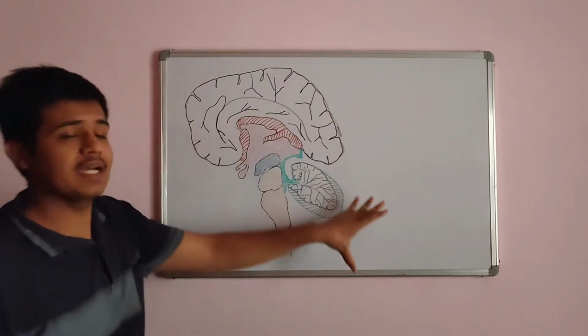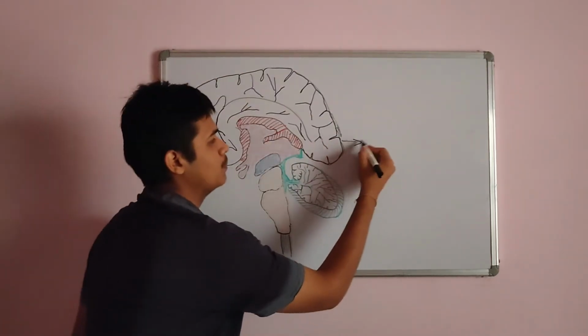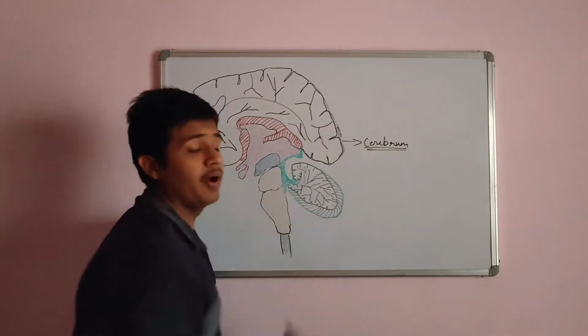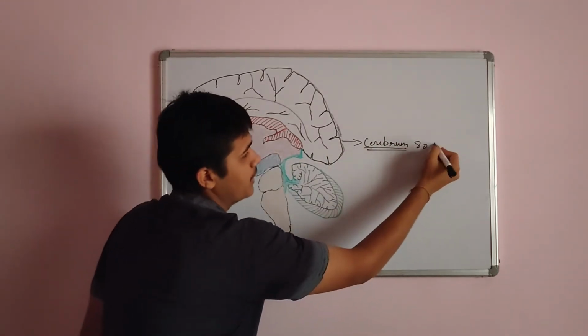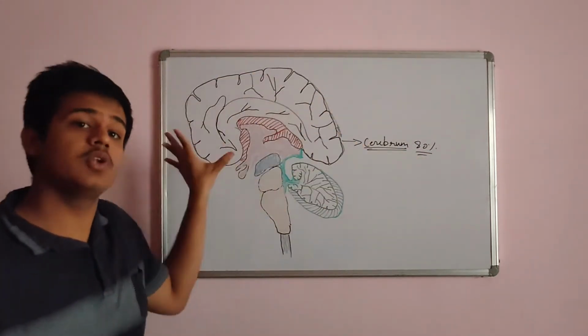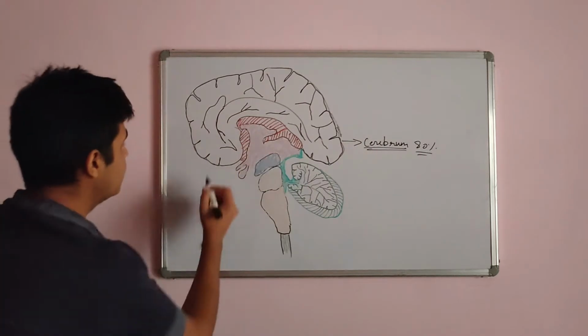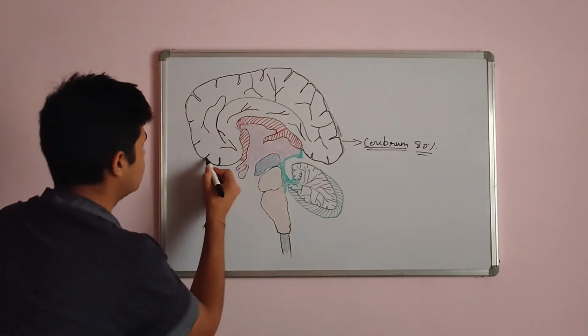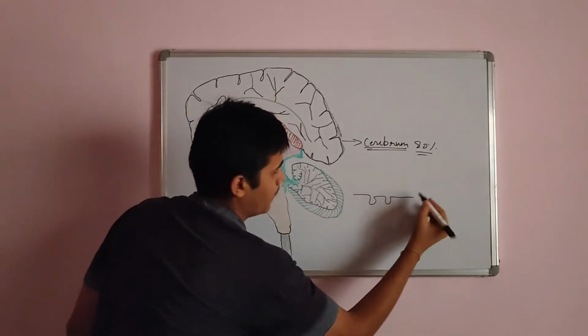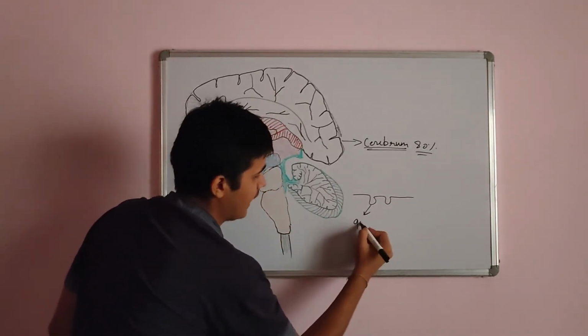This dome-shaped structure is the cerebrum, and this cerebrum occupies almost 80% of the brain. If we notice, this cerebrum is not plain on the surface. Instead, we find there are many foldings, and these foldings we call gyri.